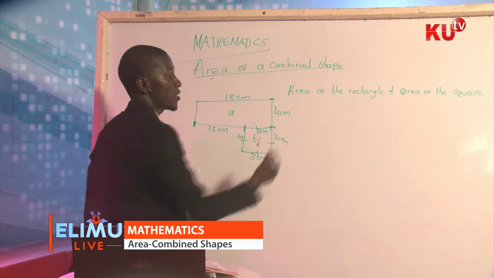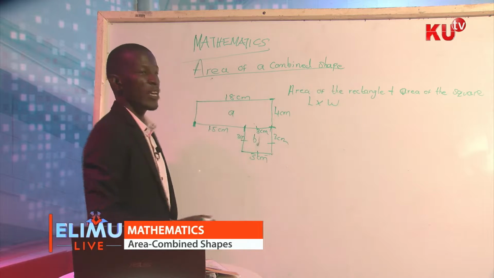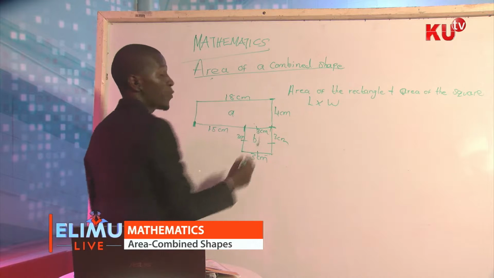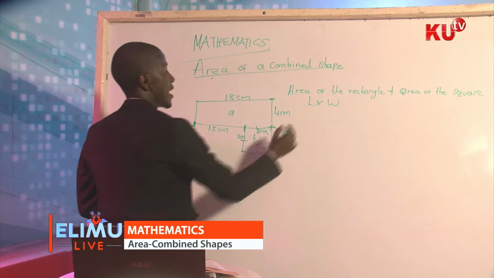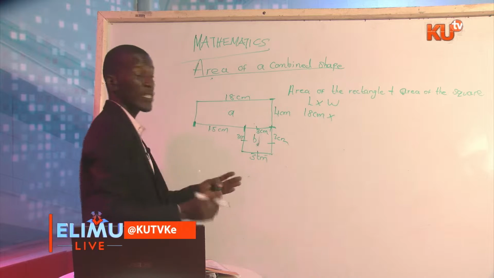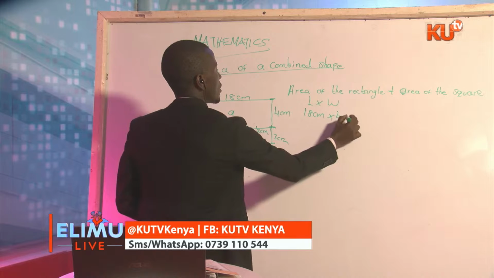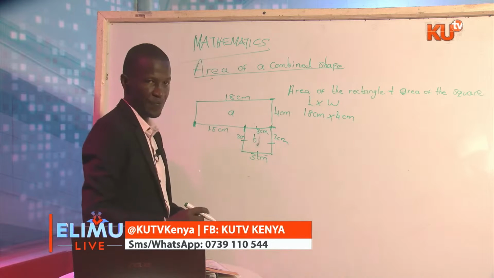Area of the rectangle is equal to length times width. And what is our length? Our length, you have identified, it is 18 centimeters times, what is our width? Our width is 4 centimeters.